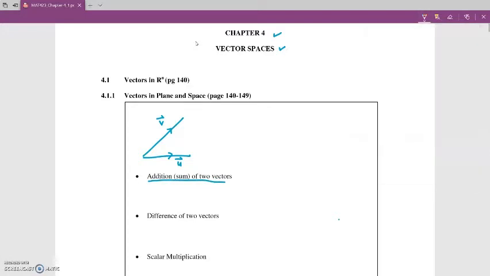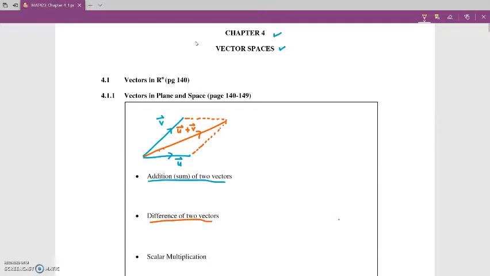You can use the parallelogram method, where you translate vector v and also vector u. So, this is vector u plus vector v. And then the difference of two vectors.